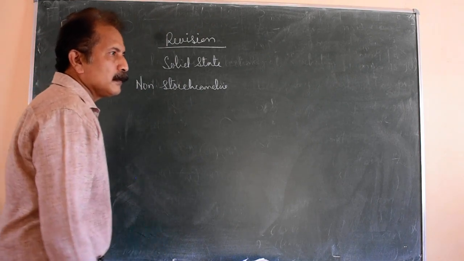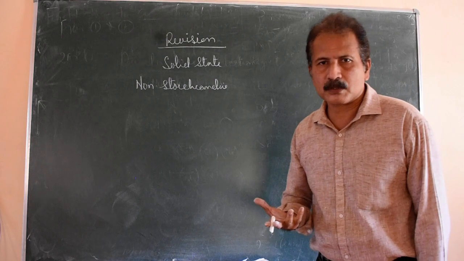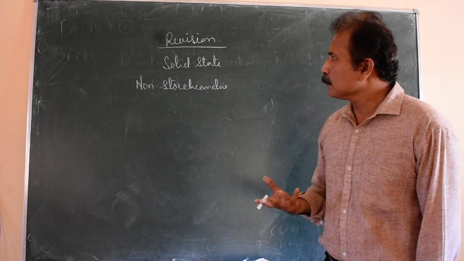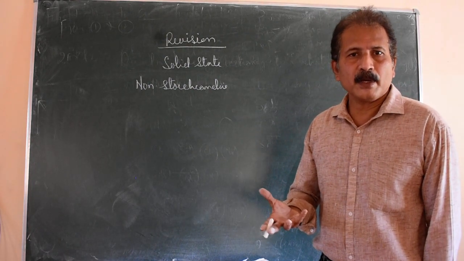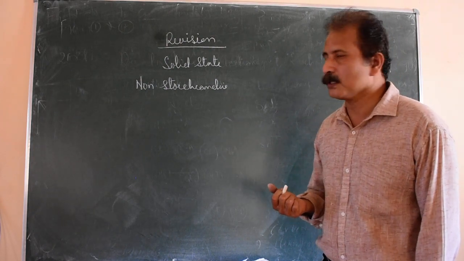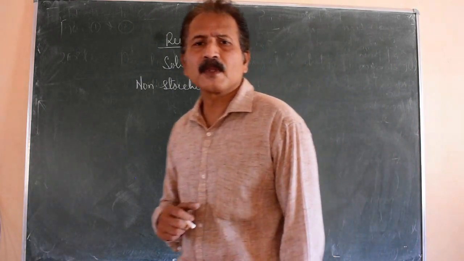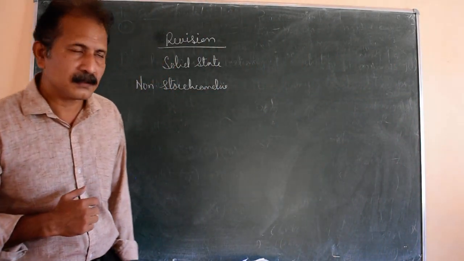Okay. Now if you see, you will see a number of inorganic compounds where the stoichiometry is not maintained. They are non-stoichiometric in nature, and this is due to the defects that are there in the crystals.